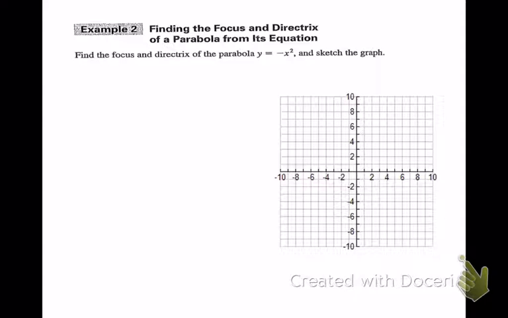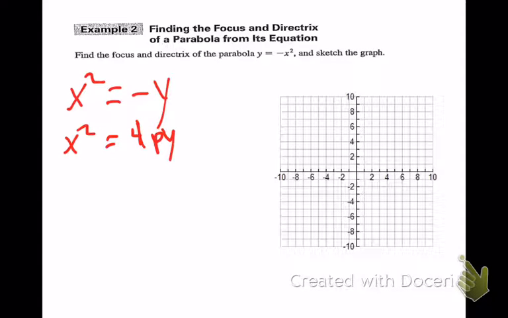Finding the focus and directrix of a parabola from its equation. So we have the parabola y equals negative x squared. And we sketch the graph. We need to put it in the form of x squared equals 4py, right? So we solve for x squared, and we get x squared equals negative y. And then we know x squared equals 4py.